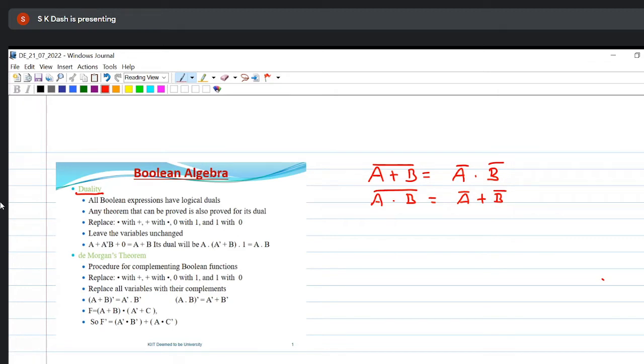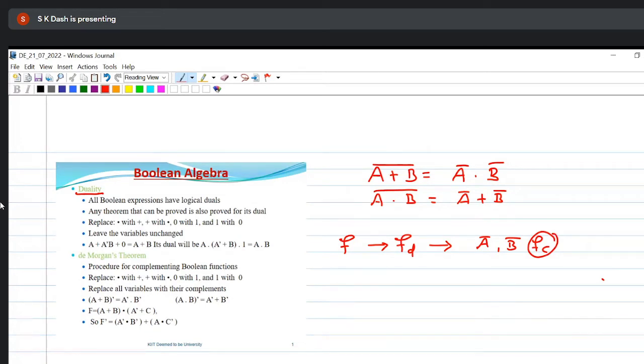Okay, so basically how to get this? Whenever a function is given, to find its complement, you first need to find the dual function. After finding the dual function, whatever variables are there, you need to complement them. If you complement them, you will get the complement of f.